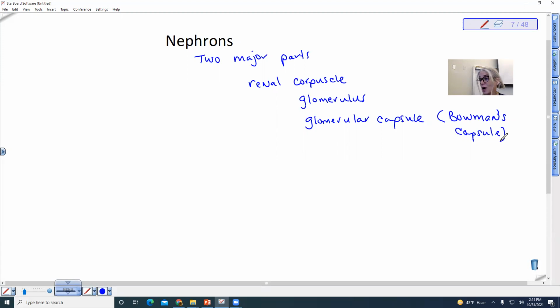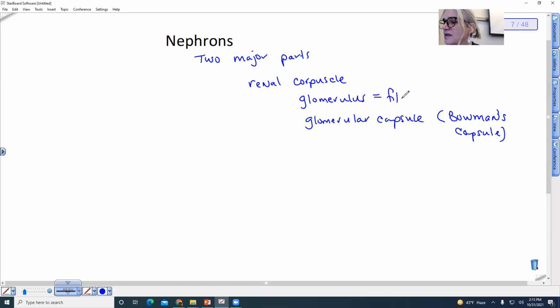The glomerulus is where we have filtrate formation, and then the capsule is what captures it and passes it to the renal tubule.